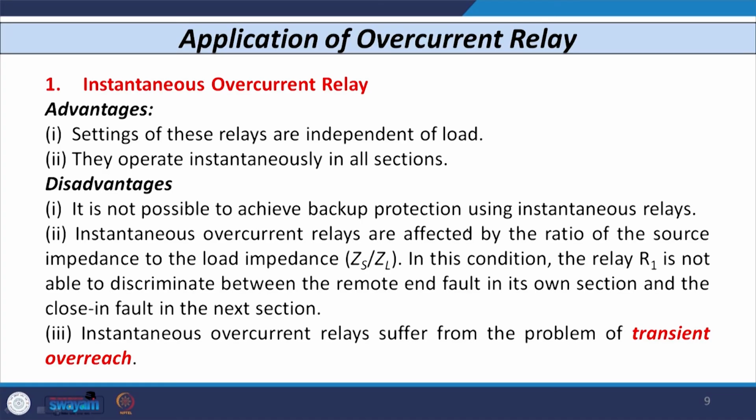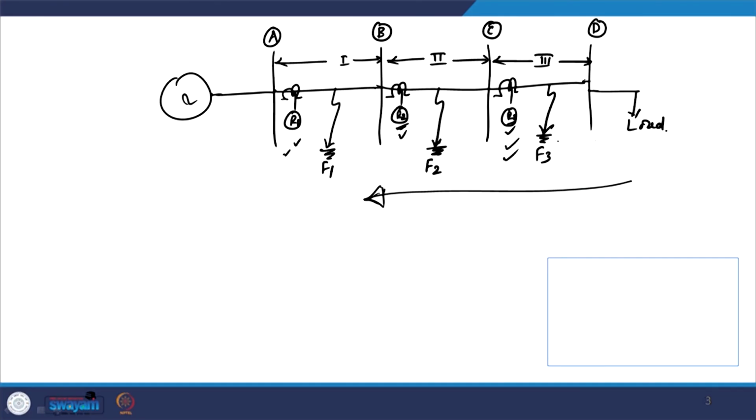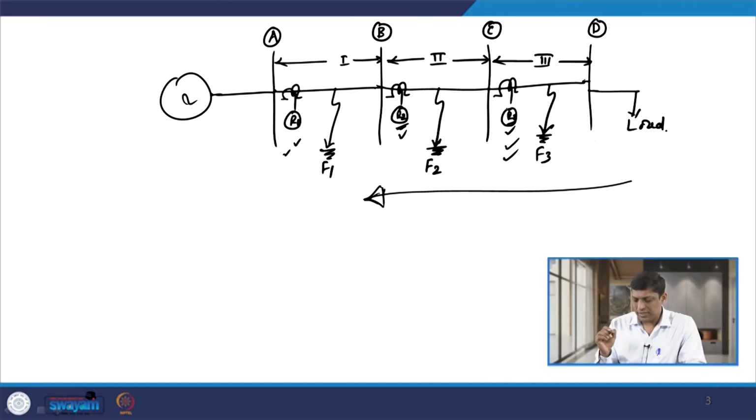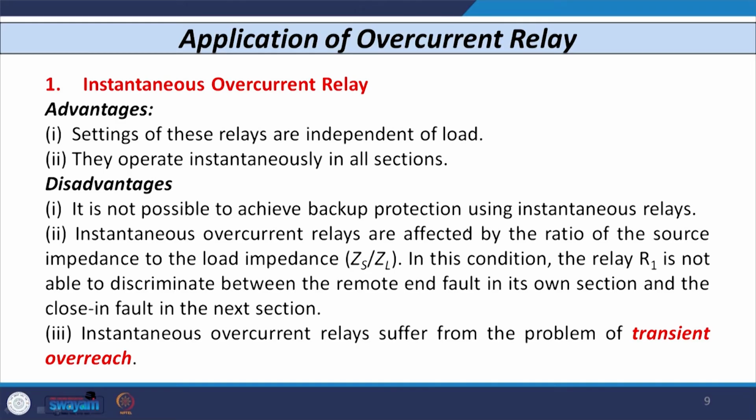The second advantage is that they operate instantaneously for all the line sections. If any fault occurs in section 3, say at F3, R3 operates instantaneously. Similarly, if any fault occurs in section 1, say at F1, R1 operates instantaneously. So, these two are the advantages of instantaneous overcurrent relays.